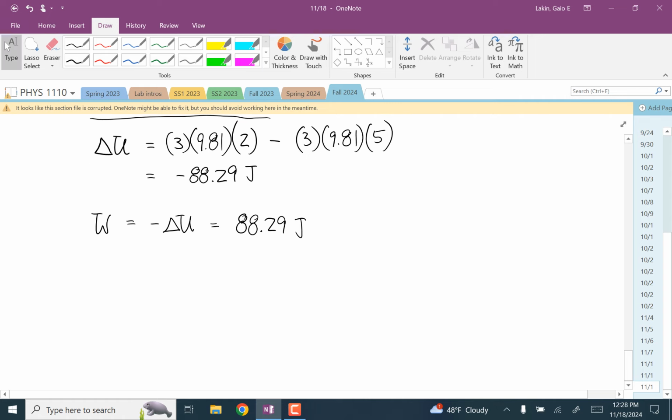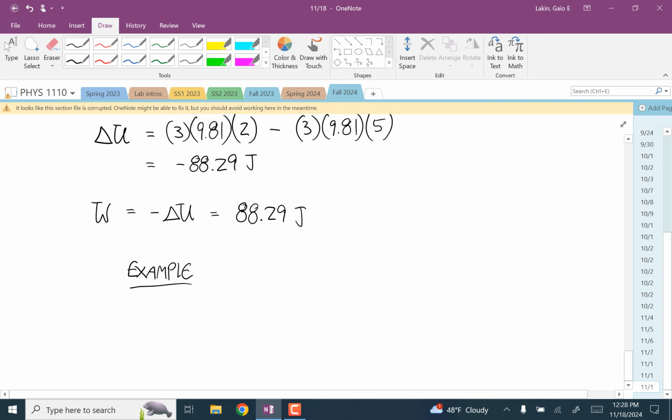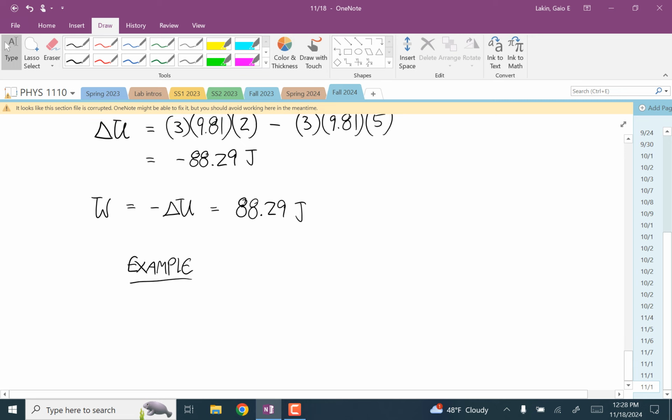Okay, let's do one with a spring. So let's say we have a mass that can roll. It doesn't even matter what its mass is, I'll leave that off. And it's attached to the wall by a spring. Let's say the spring constant is 250 newtons per meter.